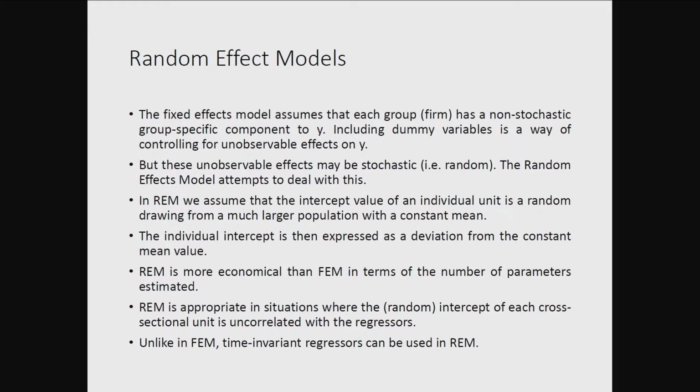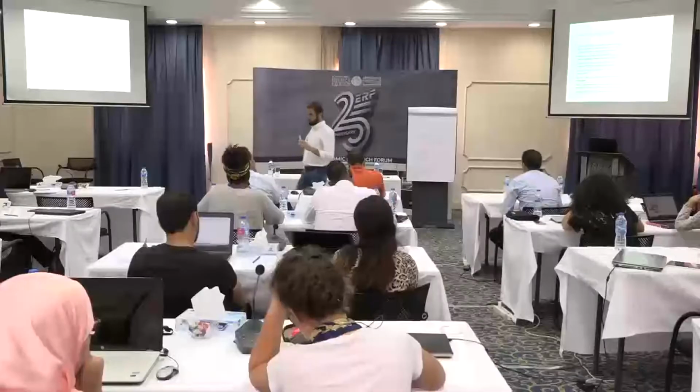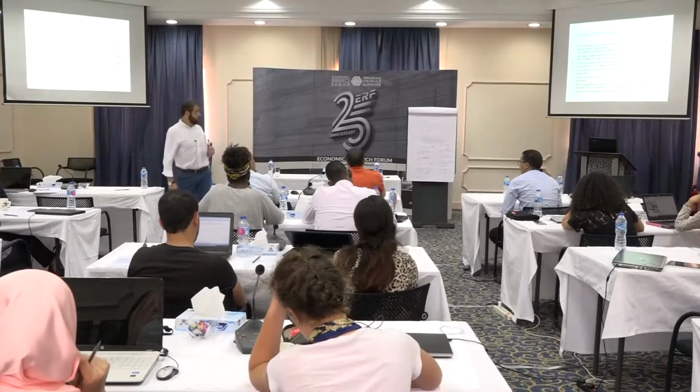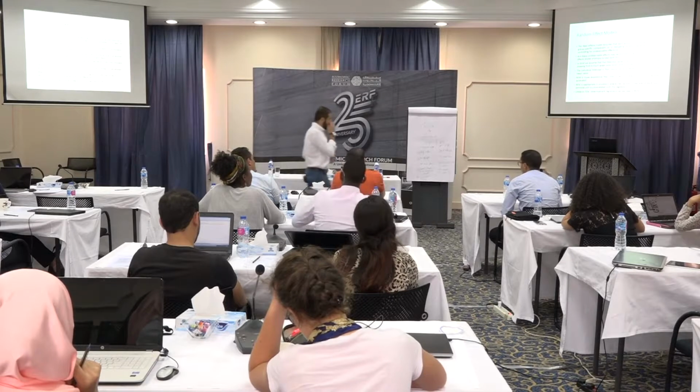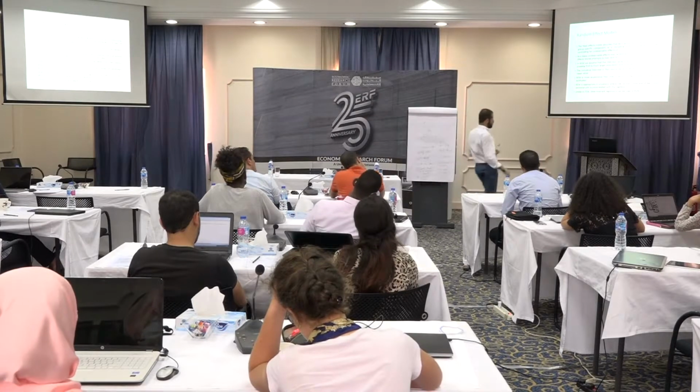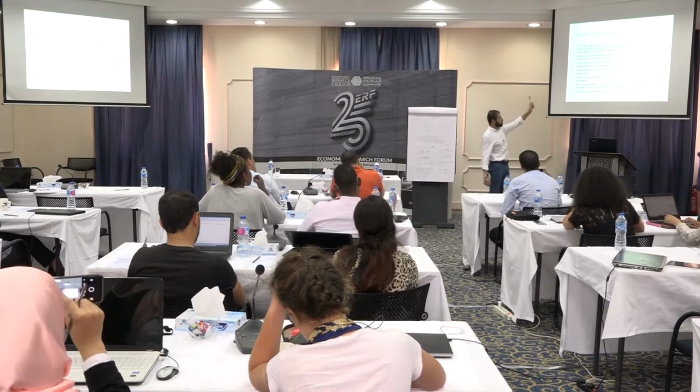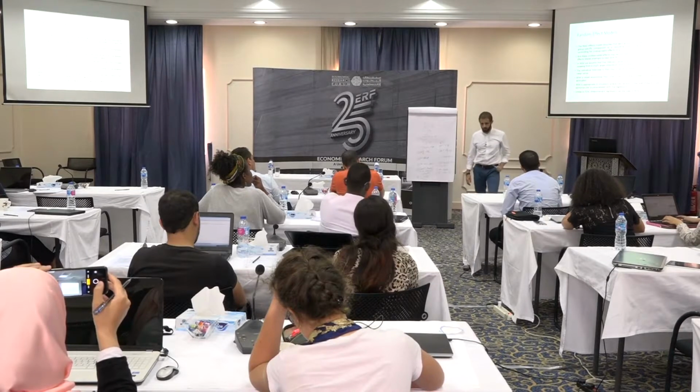They are not fixed for each individual. So the random effects model attempts to deal with this unobserved heterogeneity, but with a different framework. And in the random effects model, we assume that the intercept value of an individual unit is a random drawing from a much larger population with a constant mean.